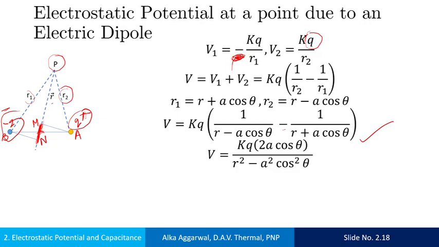Solving it, multiplying these two quantities together, we get this result. As you know, 2a into q represents the dipole moment, and the potential is a scalar quantity, so we are using only the magnitude of the dipole moment. So it is kp cos theta.